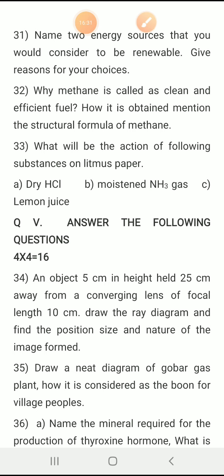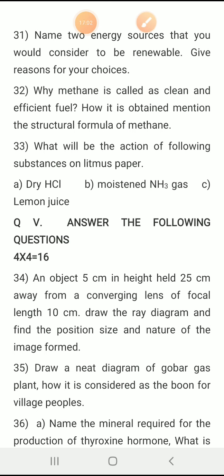Next, what will be the action of the following substances on a litmus paper? Children, you know that this question is from the chapter Acids, Bases and Salts, right? The second chapter.